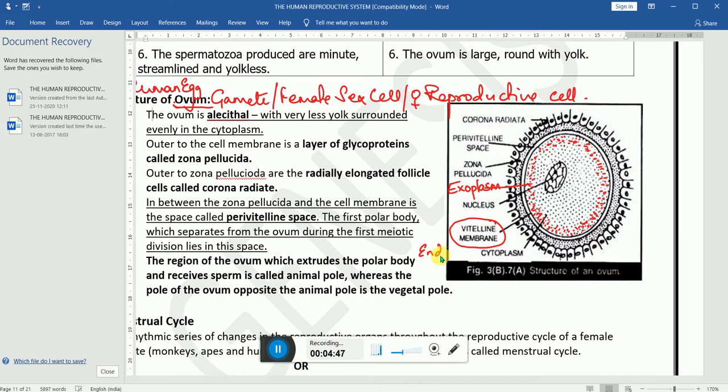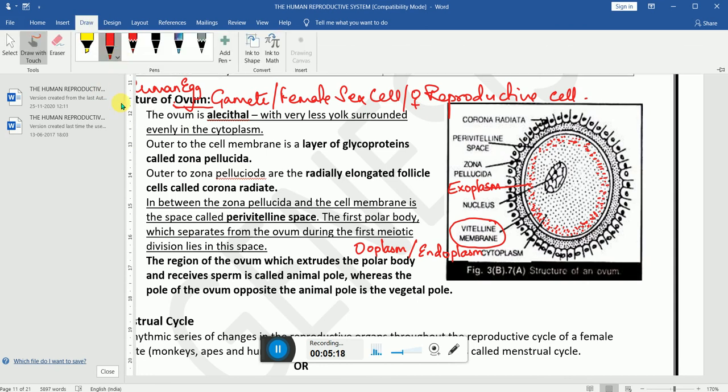The cytoplasm which you see over here is the endoplasm, present inside. This endoplasm is also called ooplasm. So you will remember that inner to the exoplasm, we have the endoplasm.